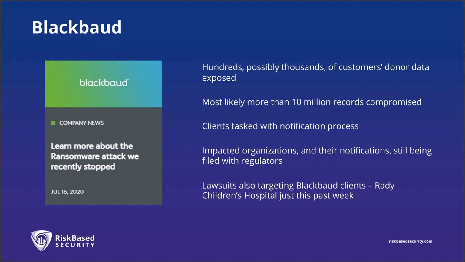If you haven't heard of Blackbaud, they're a fairly large, publicly traded company with a very prominent presence in the nonprofit sector, because they provide donor management software. And they have anywhere from 30,000 to 40,000 customers worldwide, depending on which information you look at. But no matter how you slice it, a very sizable company with a very broad reach.